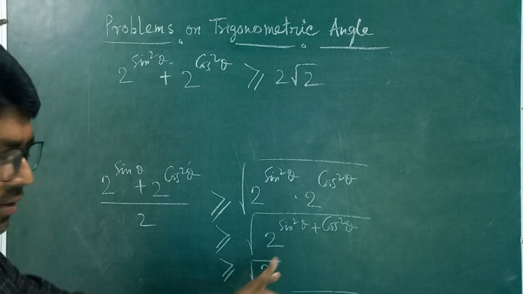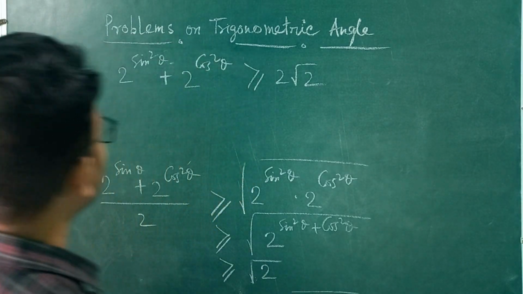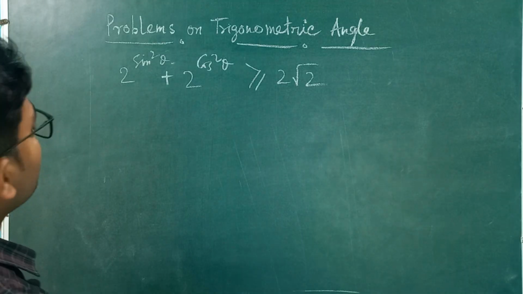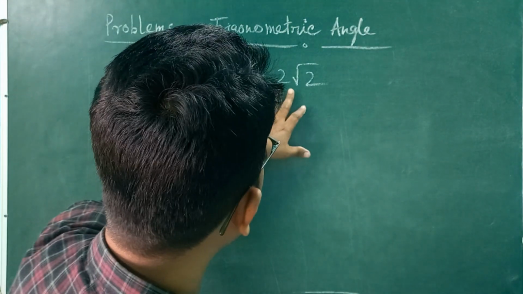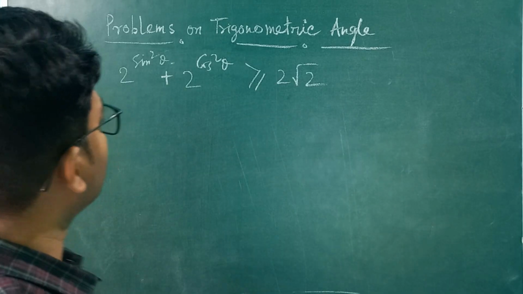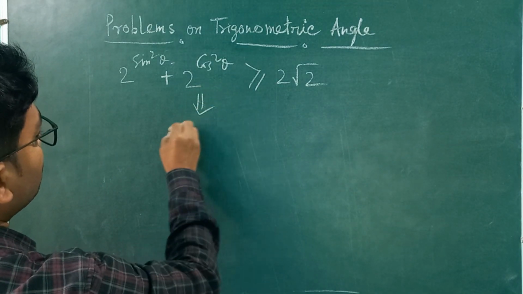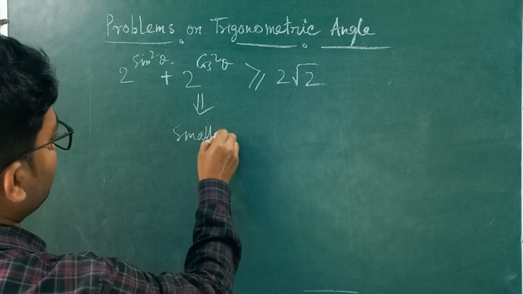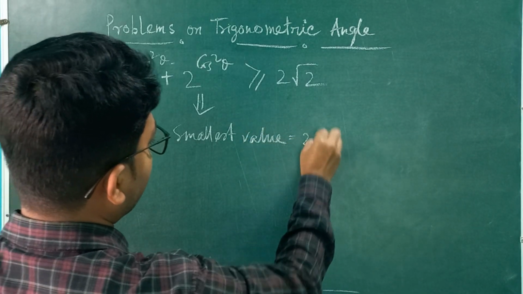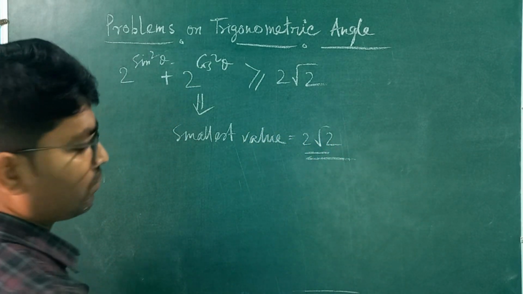The 2 will be shifted to the right hand side. You see this value is greater than or equal to 2 root 2. So its smallest value is 2 root 2.